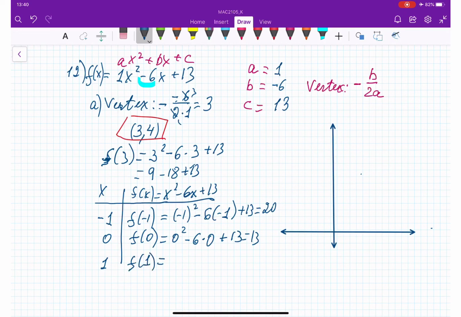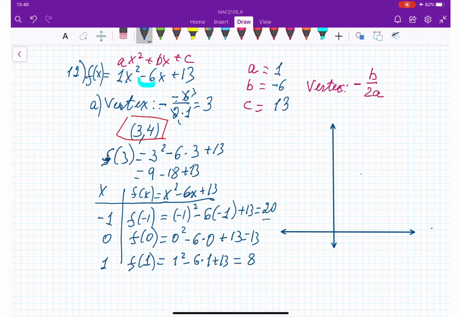It's going to be 1 squared minus 6 times 1 plus 13. Let's see how much it is. So 1 minus 6 is going to be -5. -5 plus 13 is going to be 8. Since we are going to get all the way to 20, I'm going to break the axis down by 4.